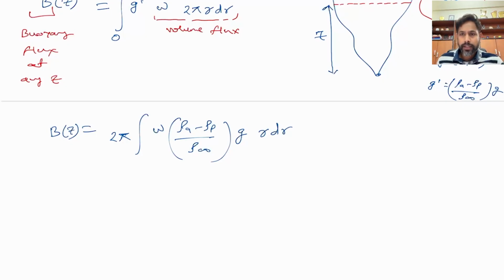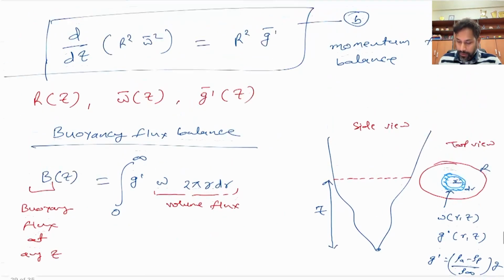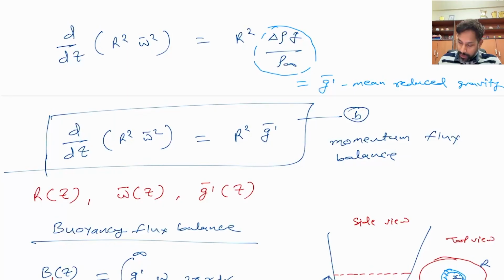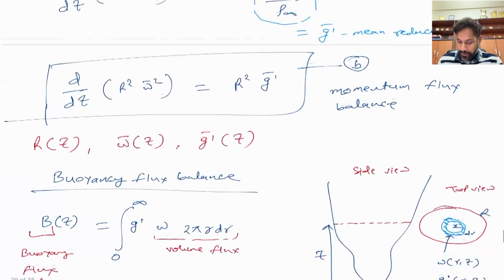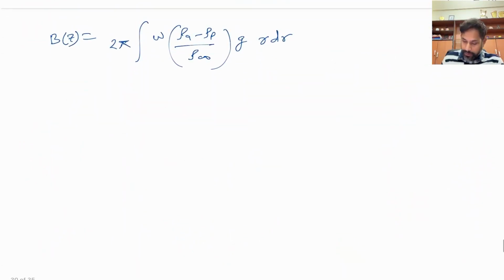What we are trying to find is a governing differential equation that tells us how B is changing with space in z, as we did for momentum flux and volume flux, where we found the rate of change with respect to height. Same thing we have to do now for buoyancy.